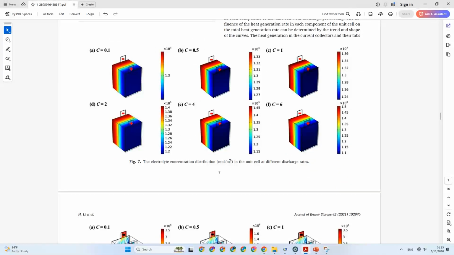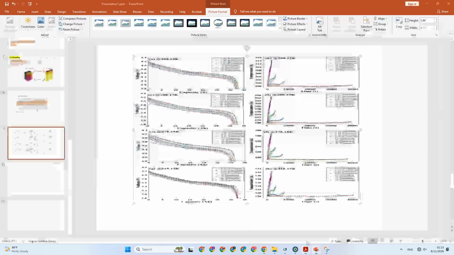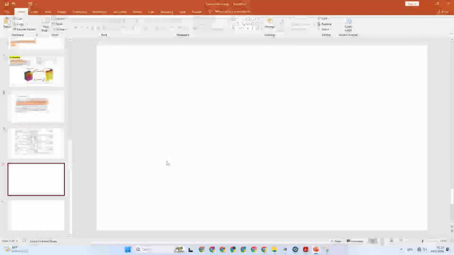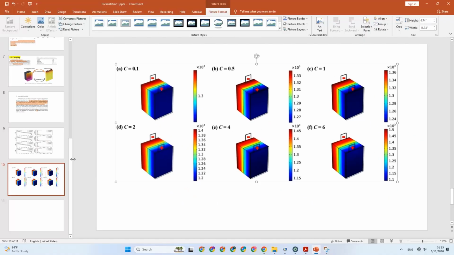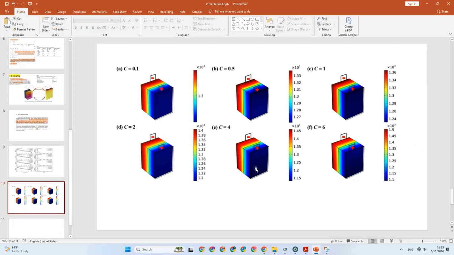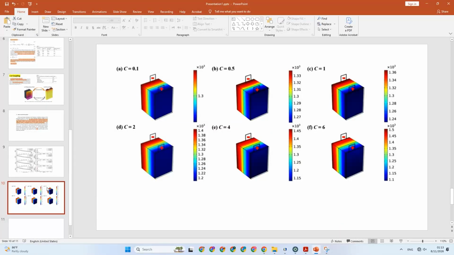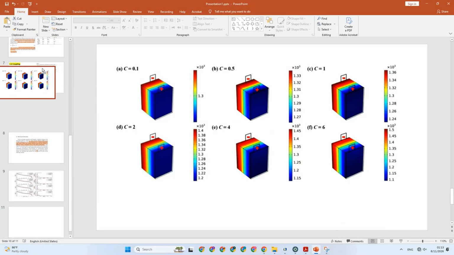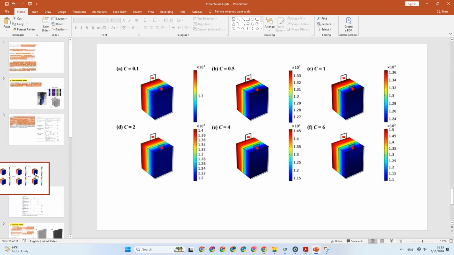Okay, this is for electrolyte concentration distribution. We can copy that. I think this is for the electrochemical part. We can bring it in the electrochemical part.